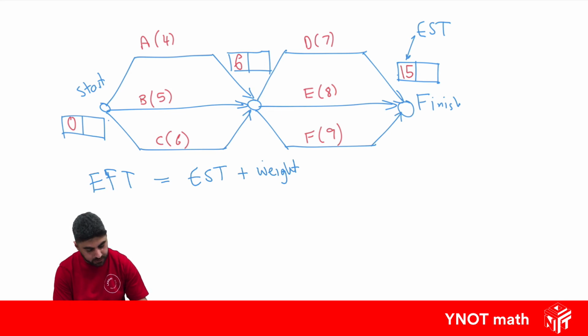So for A, the earliest start time is 0, because that's the vertex before A, plus its own weight of 4. So the earliest finishing time for A is 4 minutes, because I could start it right from the beginning.